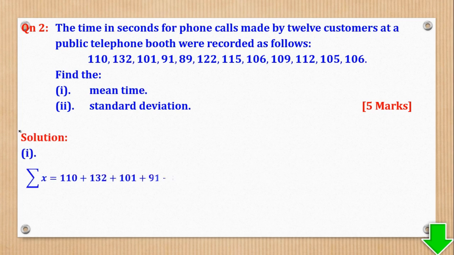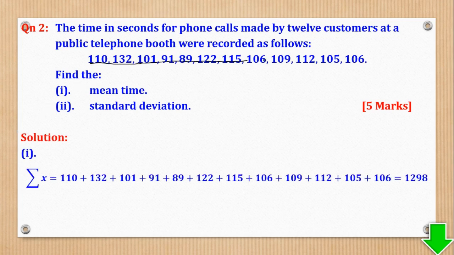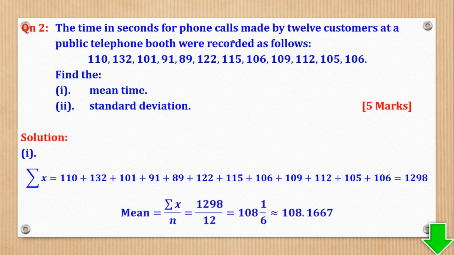For (i), the mean time, you first get the summation of all these values, which is 1298. Then from there we can get the mean. There are 12 values, so the total over 12 gives you this. Now that is (i).